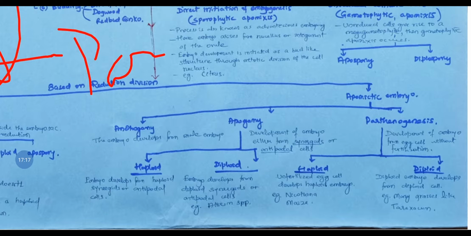Further, parthenogenesis is divided into haploid and diploid. Haploid parthenogenesis means an unfertilized egg cell developing into a haploid embryo. Example, in Nicotiana, that is the tobacco family, and maize. Then diploid parthenogenesis is where a diploid embryo develops from a diploid cell. Example, many grasses like Taraxacum.